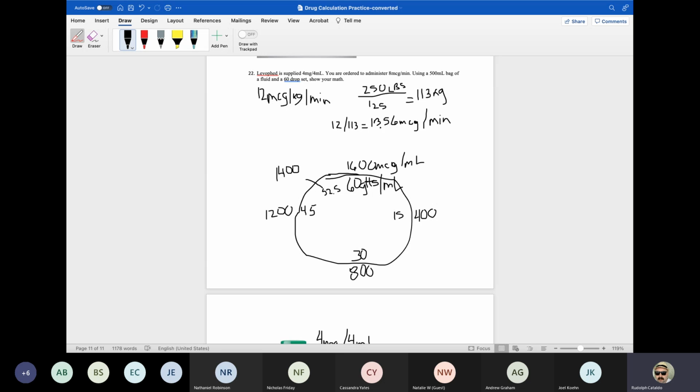If I want to be at 1356, I'm guessing, let's just put it right here. I'm guessing I'm going to be right around 51 drops. And that's just a guess, but it gets me close. My math says 50.85, so 51 is pretty good. So that's what we're going to go with, 51.